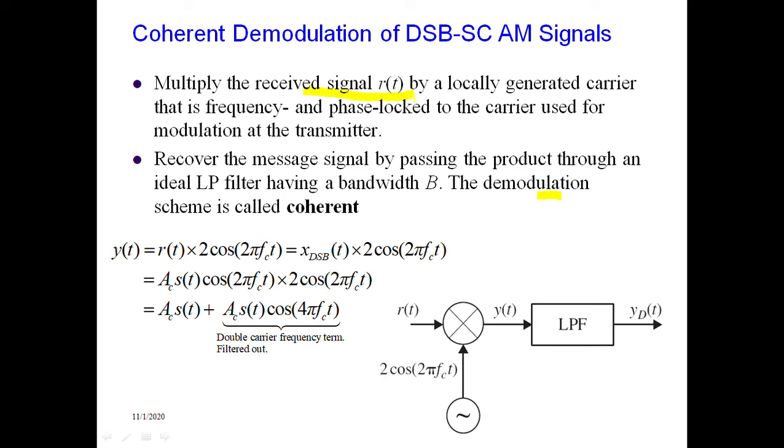So it's actually the same process. Then we will recover the signal by passing the product through an ideal low pass filter having bandwidth B.